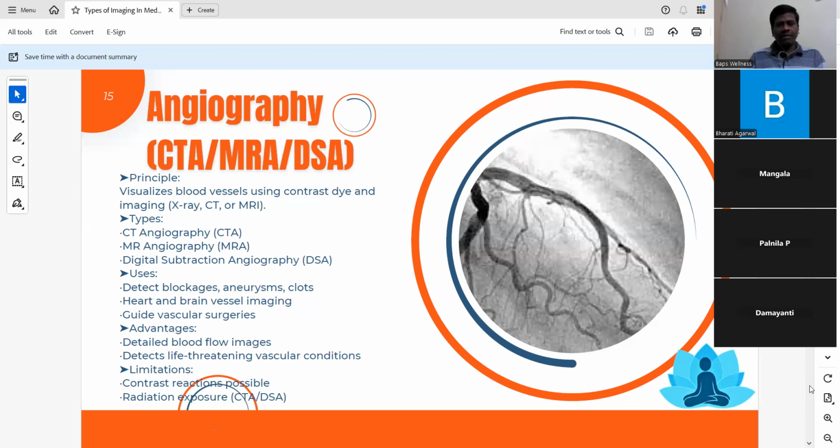The advantage is that we can get detailed blood flow images, and we can detect life-threatening vascular conditions, whether it is a block or an aneurysm that may burst and cause hemorrhage. Limitations with angiography: one, radiation exposure is there. Second, the contrast used, so contrast reactions may be possible.